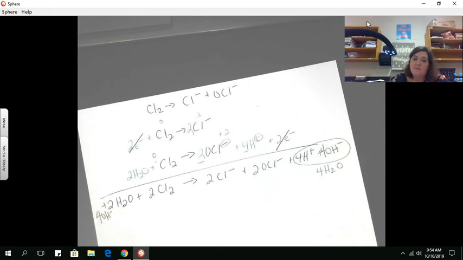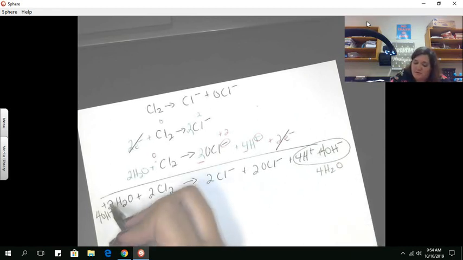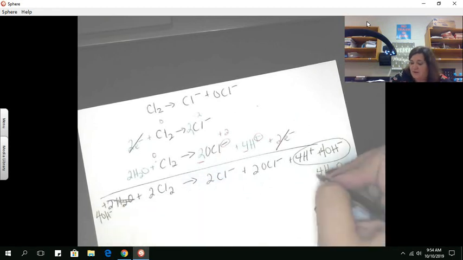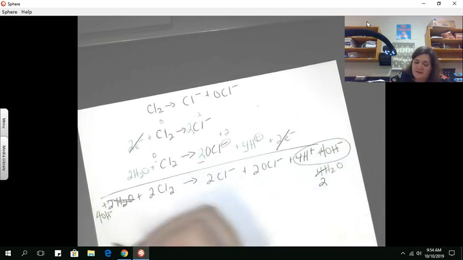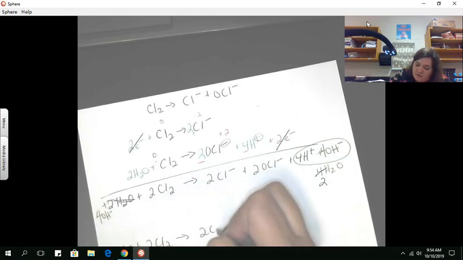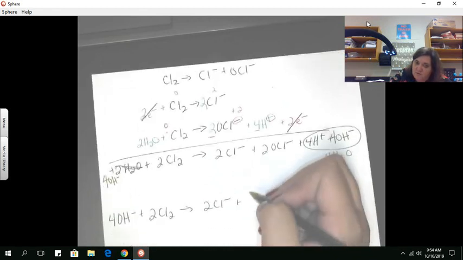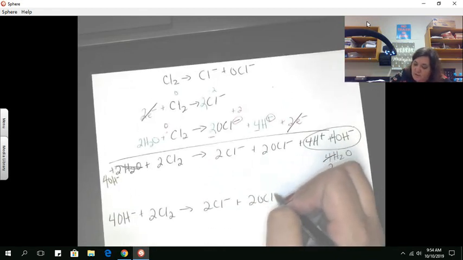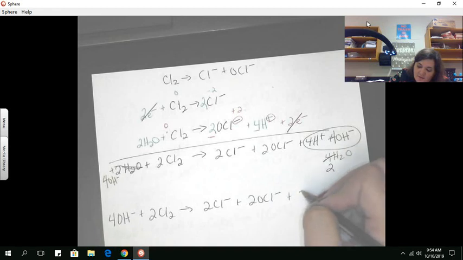And then we would need to subtract out our waters, right? So we have 2 waters on the left, so those will go away. These would reduce down to 2. And our final answer would be 4 hydroxide ions plus 2 chlorine, go to 2 chloride ions plus 2 hypochlorite ions plus 2 waters.